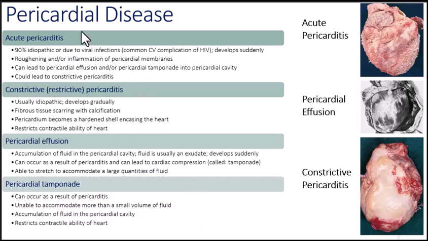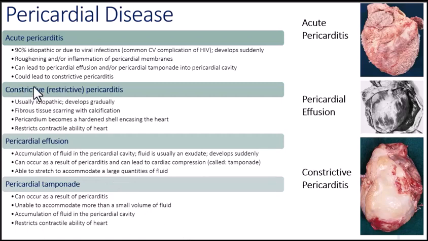Now, of these two forms of pericarditis, really both can end up causing effusion and tamponade. We talked a little bit more about acute pericarditis and its relationship to pericardial effusion and pericardial tamponade, because acute pericarditis is the most common form of pericarditis. So we could say that this form is more rare.